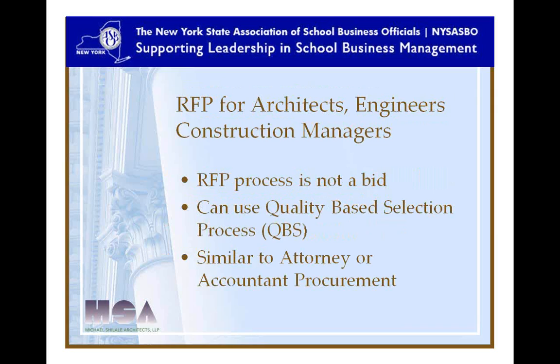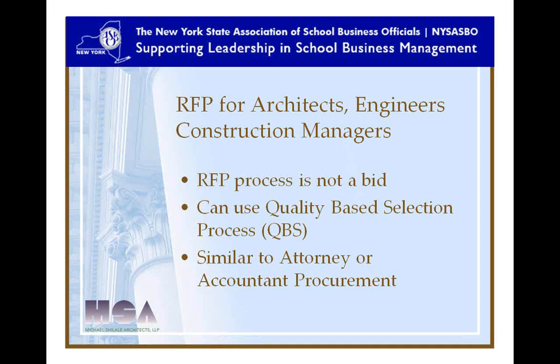To select architects, engineers, and construction managers, it's always recommended to put out a request for proposals with those kinds of consultants. It's not a bid, so you don't have to accept the lowest responsible bidder. You can use what's called a quality-based selection process, I guess similar to how you would select your attorney or your accountant.